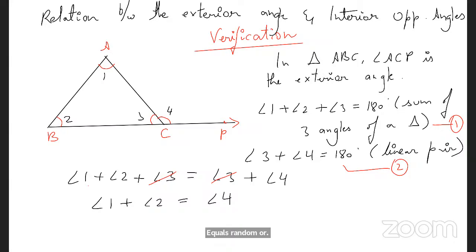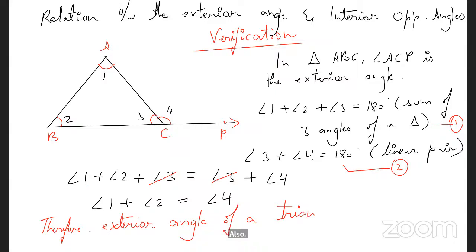Therefore, we know that the exterior angle of a triangle is equal to the sum of interior opposite angles.